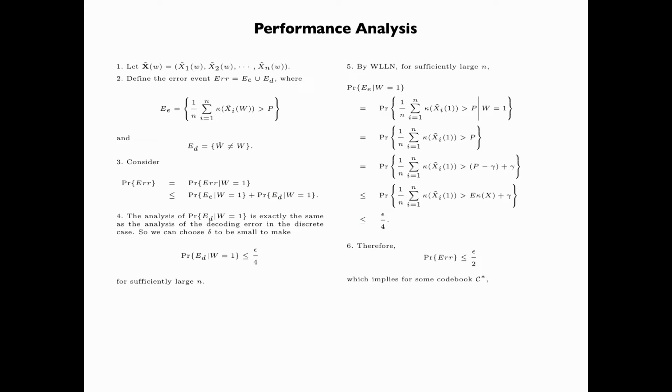This implies that for some codebook C star, the probability of the error event is less than or equal to epsilon over 2.